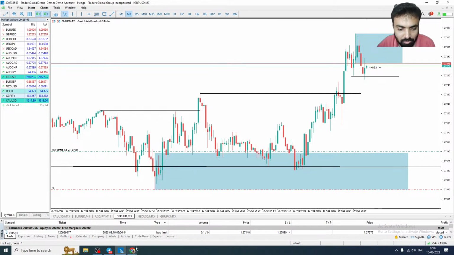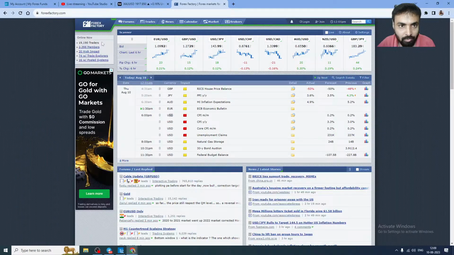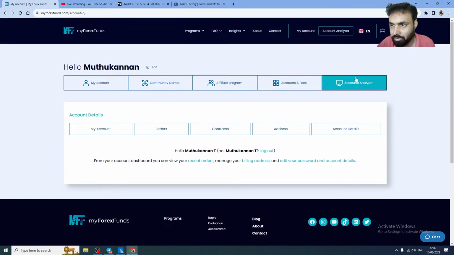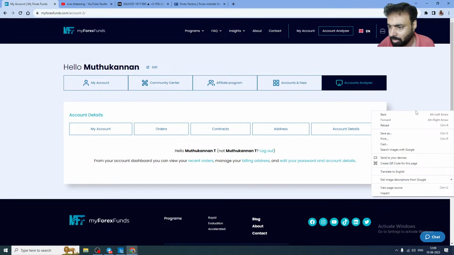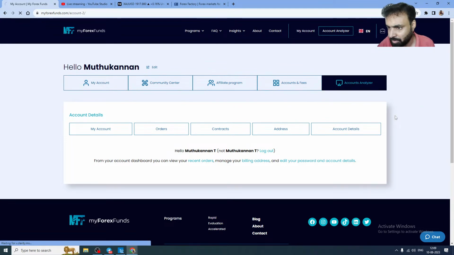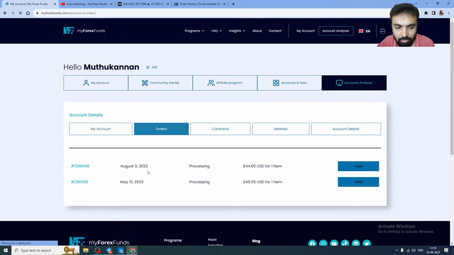Let us go to this. The My Forex Fund website is not yet updated. I don't know why. I asked customer service yesterday because I paid the money yesterday itself. You can see here, 9th of August, $44 I have paid.